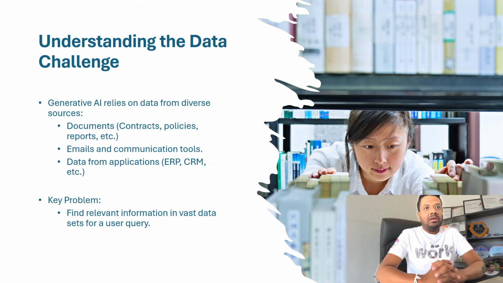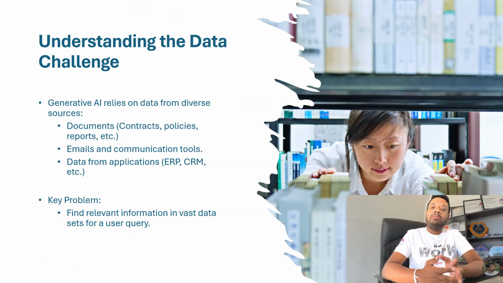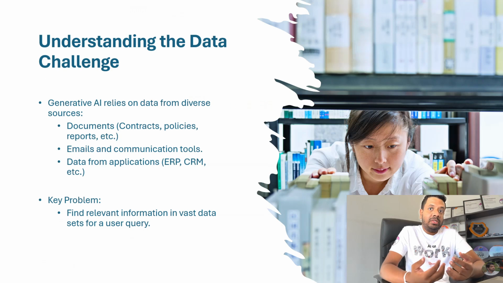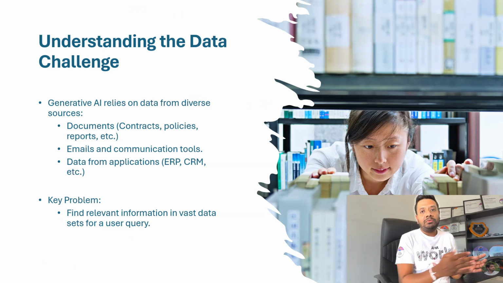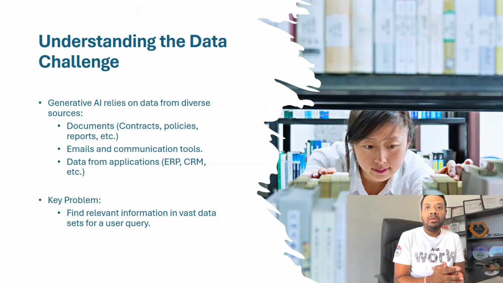But the challenge is, how do we find the related information from all of these sources? So far, we focused only on a data point that we already knew and we knew how to respond. But in scenarios like this, where you have the data in different sources and you don't really know where this information is, let's say you're looking for some data and that could be available not in just a single document, but in multiple documents and maybe also in some application.